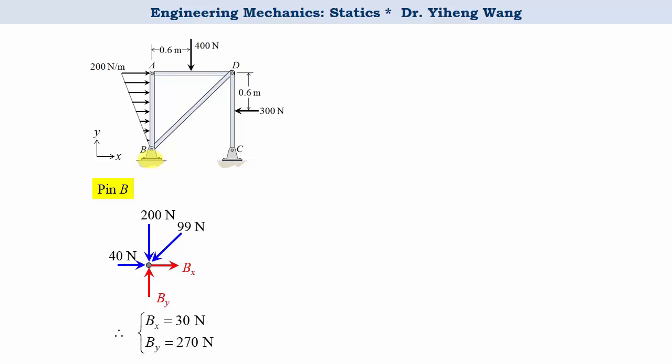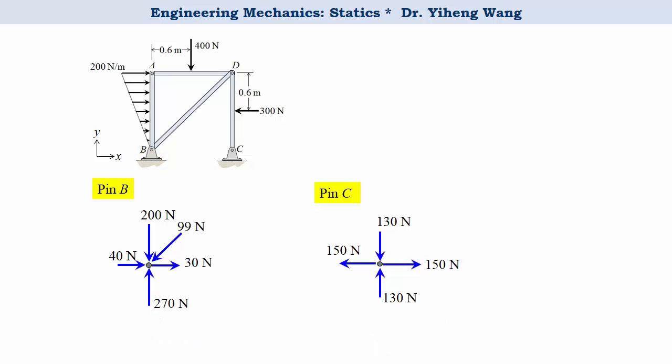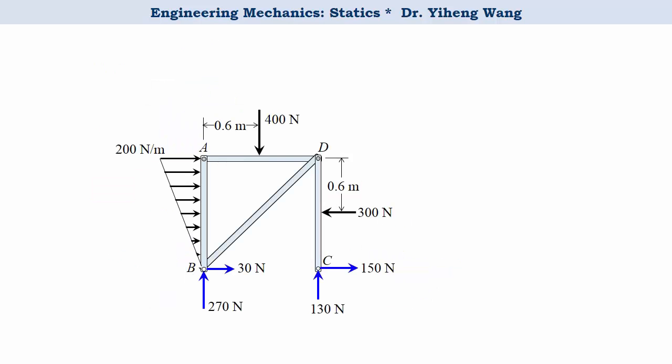We can do the same thing for pin C, and this completes this problem. And if we treat the entire structure as one system, you can show that the structure is in equilibrium.